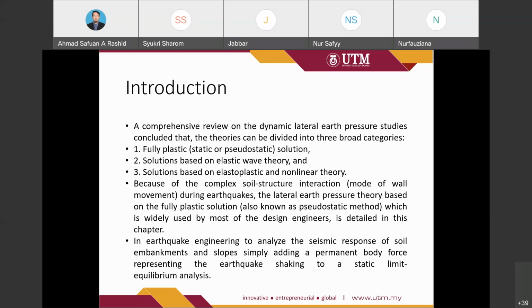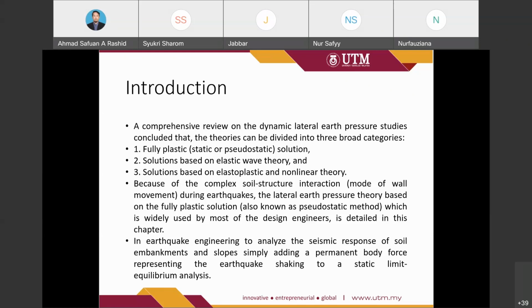So there are three types of theory related to lateral earth pressure. However, due to the complexity of soil-structure interaction, we focus only on the fully plastic solution, which is the approach that we normally use when we deal with static load problems.